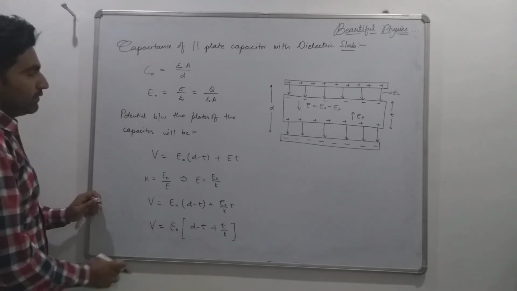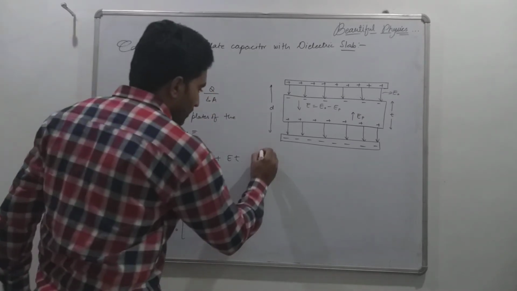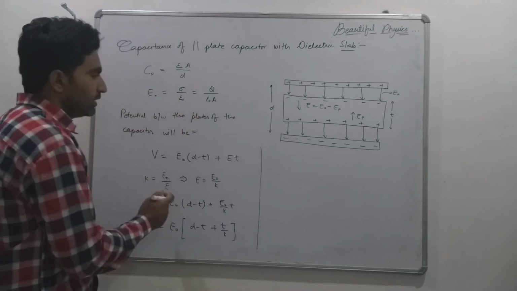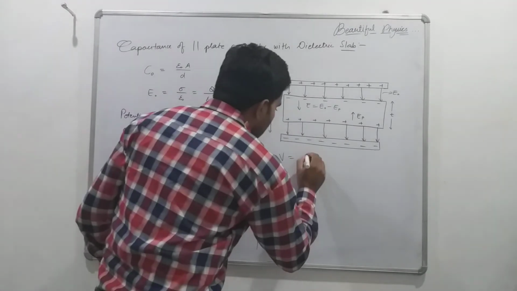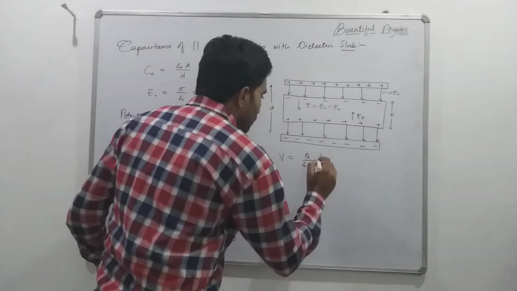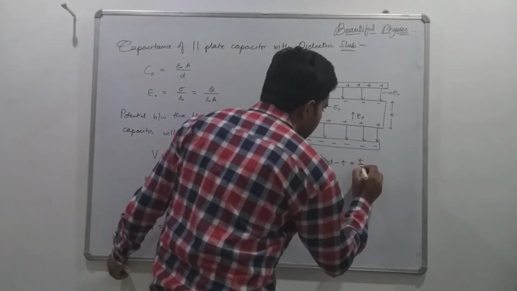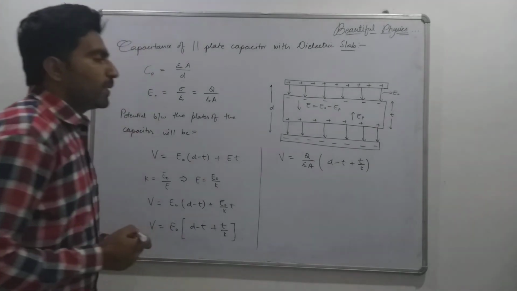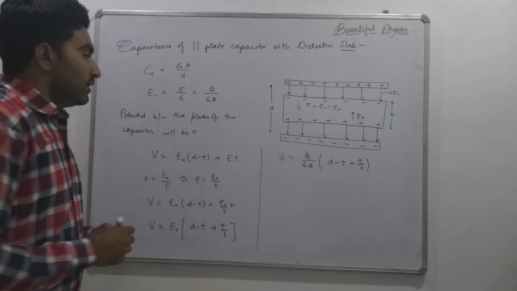When we put the value of electric field E naught here, we have V is equal to Q by epsilon naught A into (d minus t plus t by kappa).